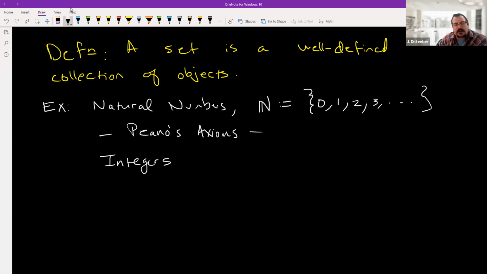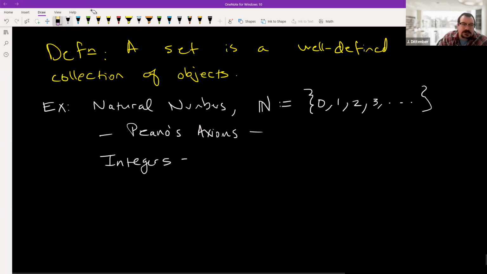The integers are, well, you'll come to know what this means, but if you take all of the natural numbers and their additive inverses, meaning there's a number we can add together with another number that gives us the identity. The additive identity is the number that when you add something to it, you get the same thing back. So 0.